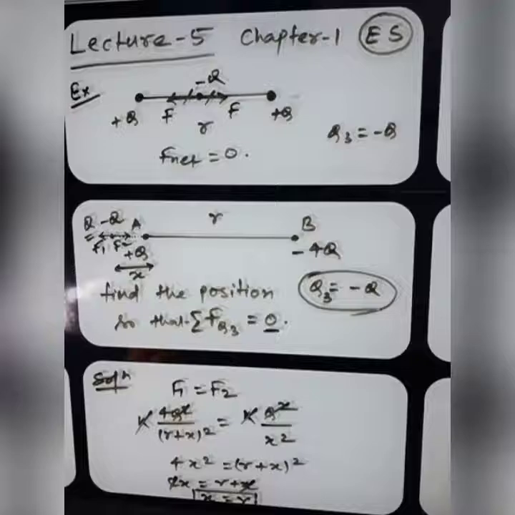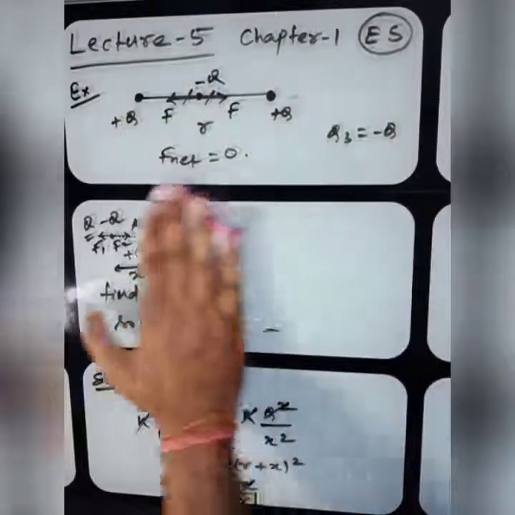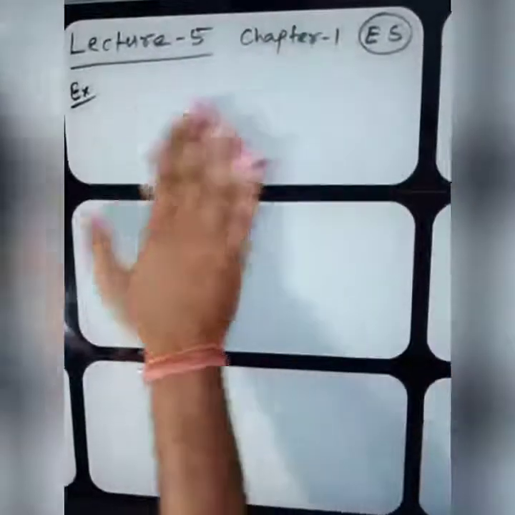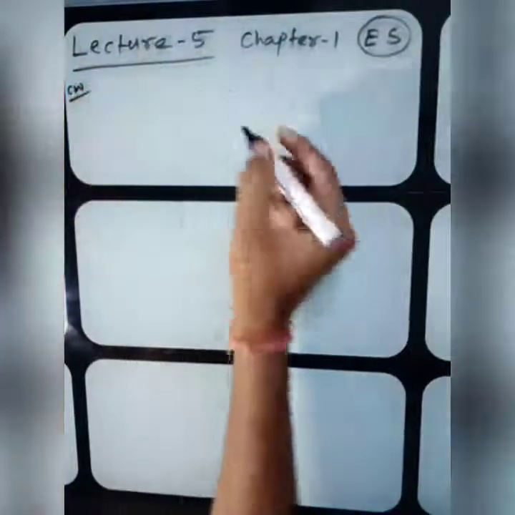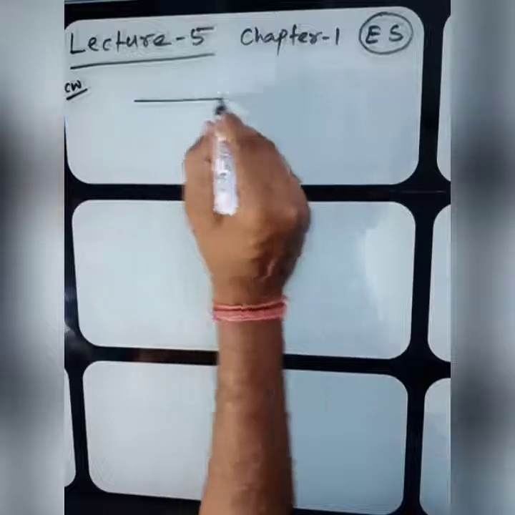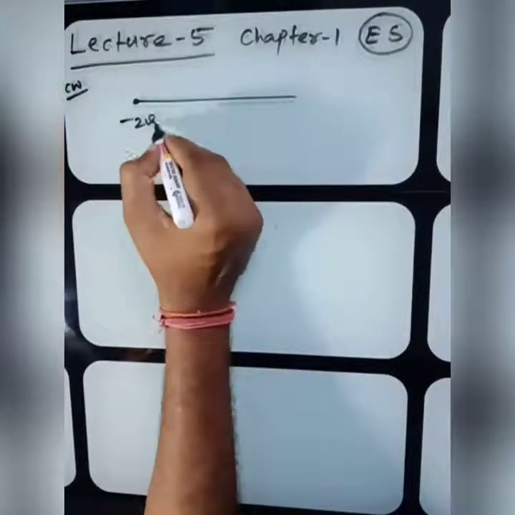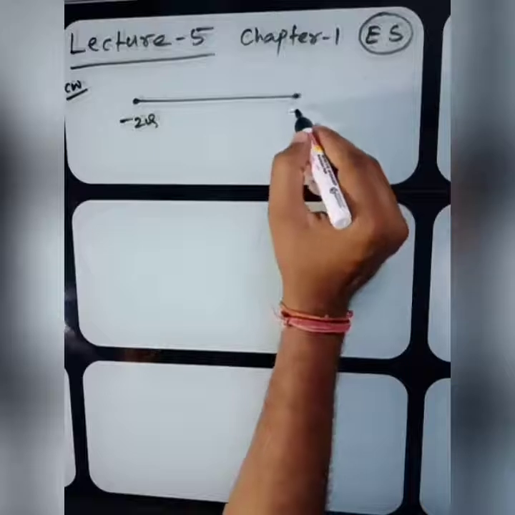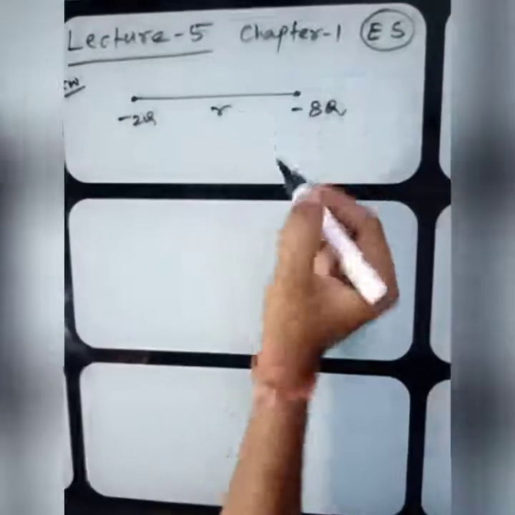So it is a very simple question, students, try to see this question again by yourself. Okay, now I'm giving you another simple example so that you can solve it by yourself. This is your classwork. Minus 2q and minus 8q, separation is r.